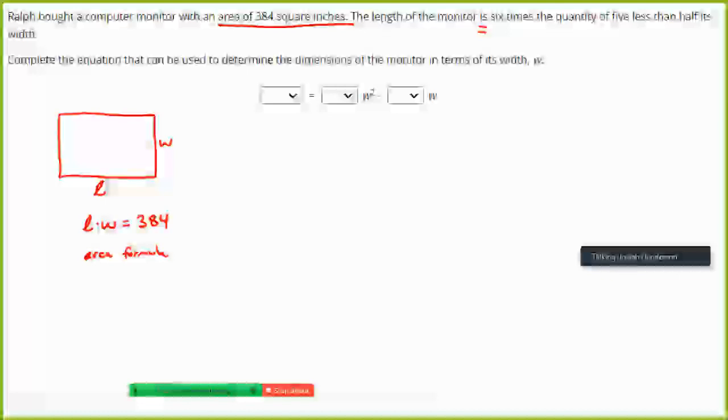Now the second sentence. Let's try to make sense of that. The length of the monitor, so L, length, is equal to 6 times the quantity of 5 less than half its width. There's a lot going on here. 6 times, the quantity of 5 less than half its width.